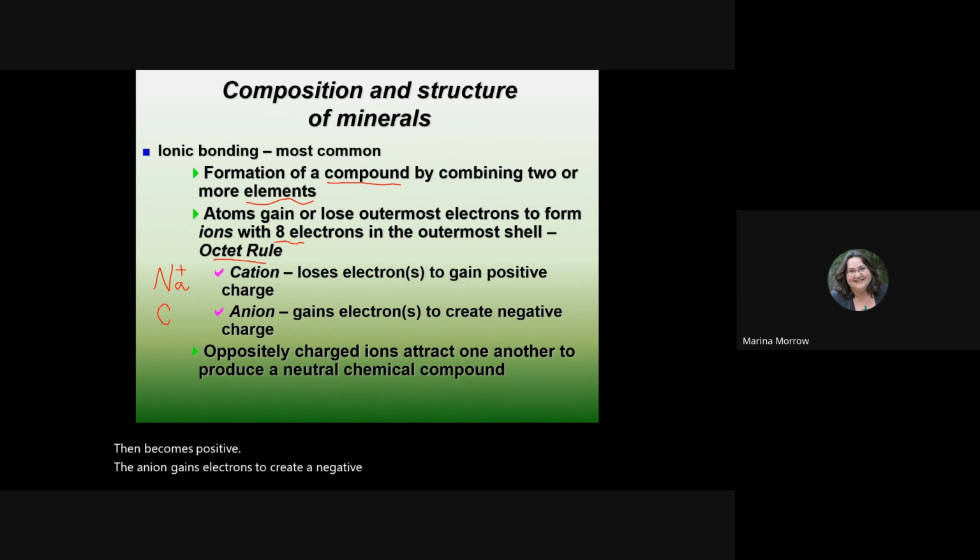So chlorine, famously, will accept the electron or steal the electron from the sodium and becomes the anion. Okay, but now that we have these oppositely charged ions, they're going to attract each other. Positive and negatives are attracted to each other. And so you end up with a neutral chemical compound, so a neutral charge. Okay, positives and negatives cancel each other.